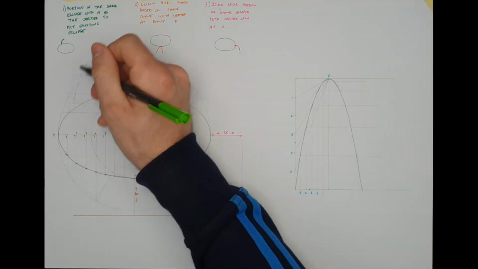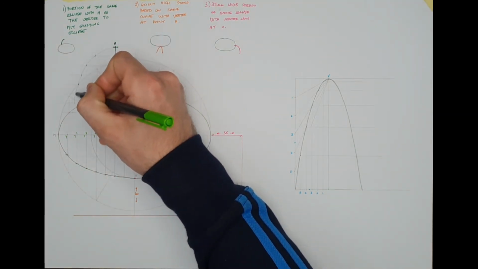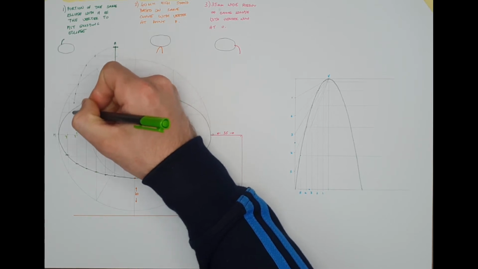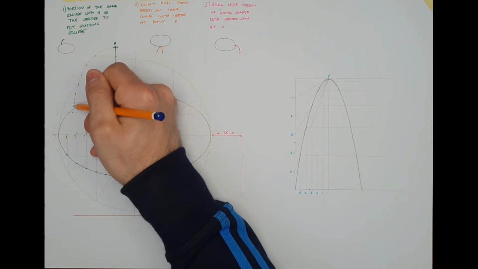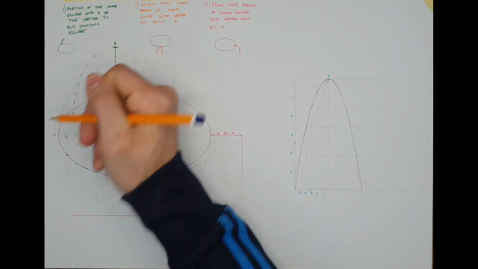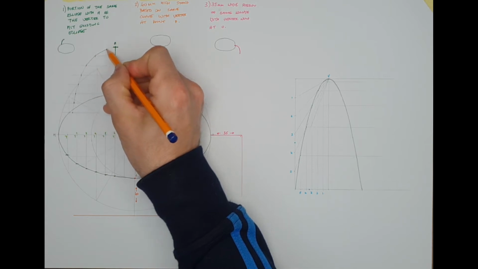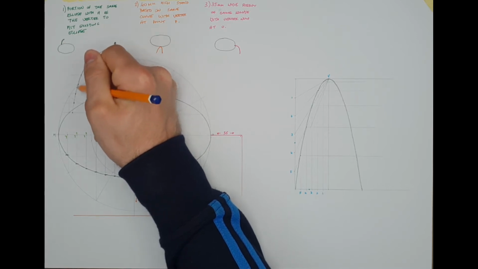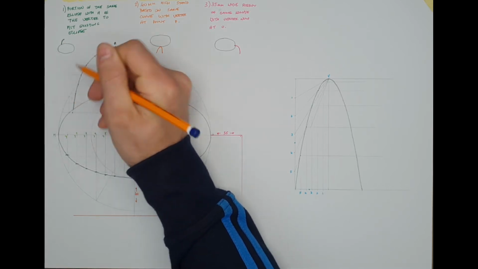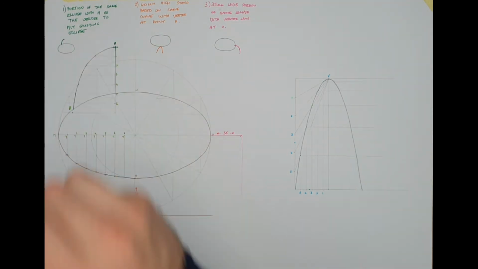So that gave me 0.1, 2, 3, 4, 5, 6, 7 right there. All points on the curve. And I'm going as far as 7. And then I heavy in what needs to be heavy. So we go right up to the vertex there, the new vertex of A. And then we heavy in until we reach point B on the curve. Now, that is it. That's the first one.